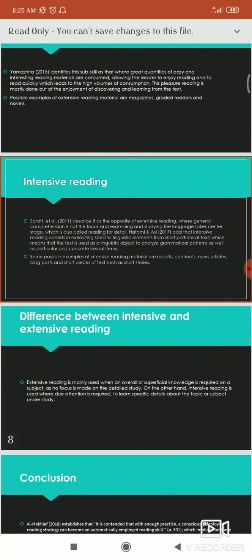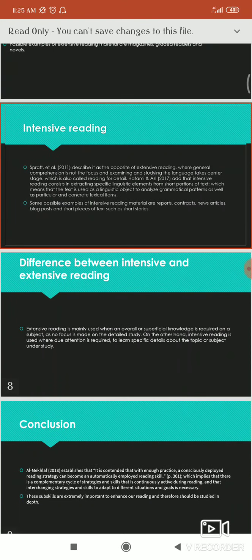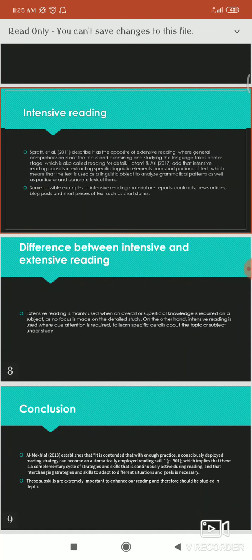Hatami and Nesl in 2017 add that intensive reading consists of extracting specific linguistic elements from a short portion of the text, which means the text is used as a linguistic object to analyze grammatical patterns as well as particular lexical items. Some possible examples of intensive reading materials are reports, contracts, news articles, blog posts, and short pieces of text, such as short stories.